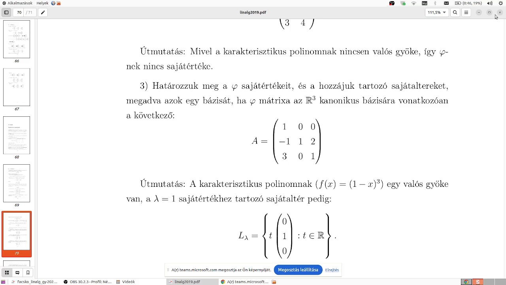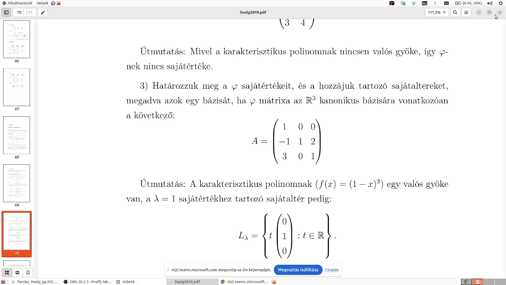This is minus x1 plus 2x3 equals 0, and 3x1 equals 0.